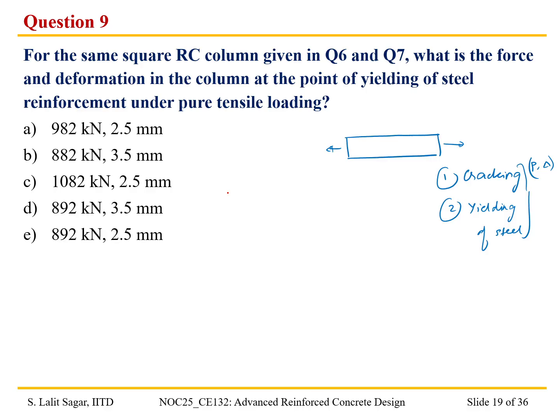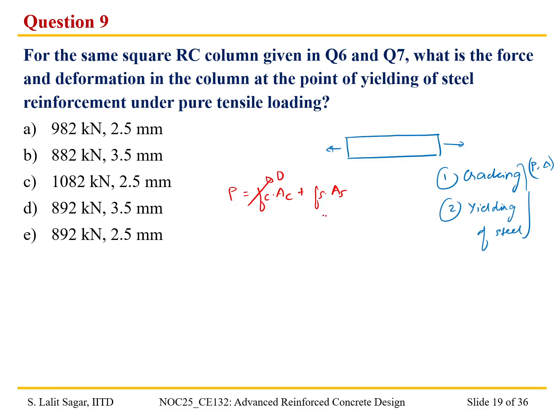We might have observed that once the initial cracking of the concrete axial member takes place, we are not going to consider the contribution of concrete anymore. So we have P is equal to Fc into AC plus Fs into As. Fc turns out to be 0 beyond this point, and all the axial tension is going to be taken up by the reinforcing steel.